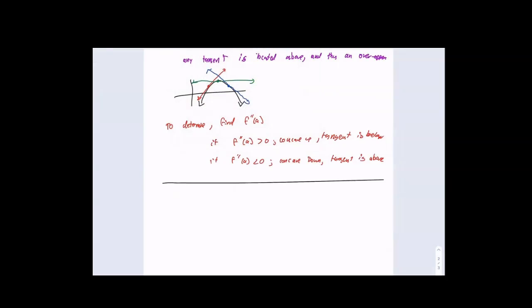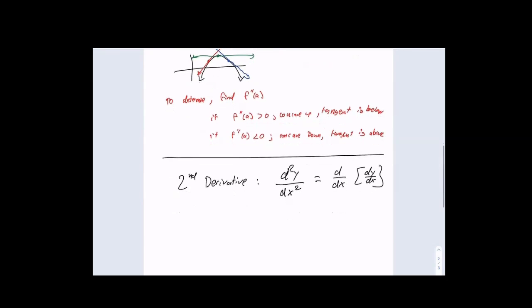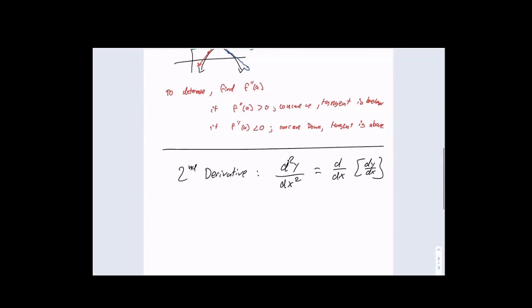So just as a reminder, when we talk about the second derivative, we use a notation d squared y over dx squared, which is really just the derivative of the derivative. That's why we use this notation for the second derivative, because it's the derivative with respect to x of the derivative with respect to x of y. That's what we are doing.